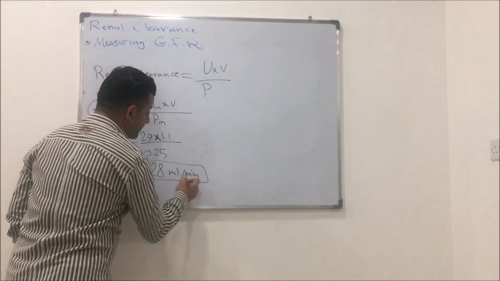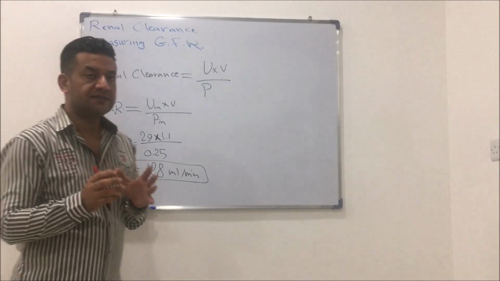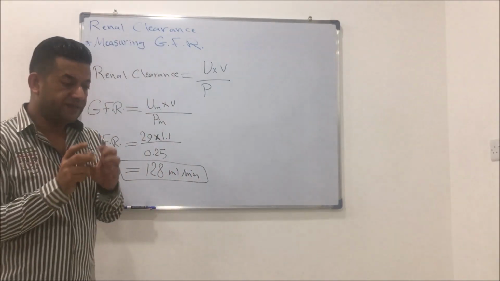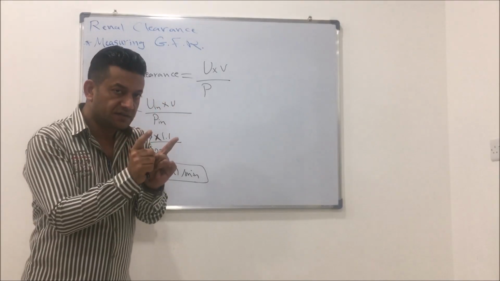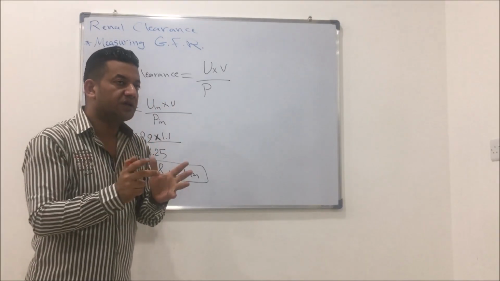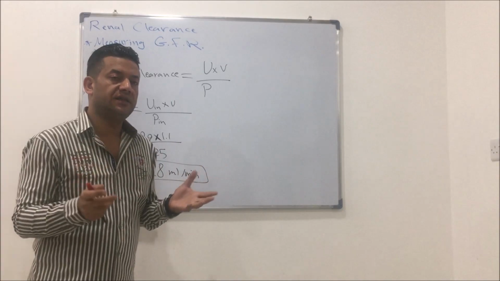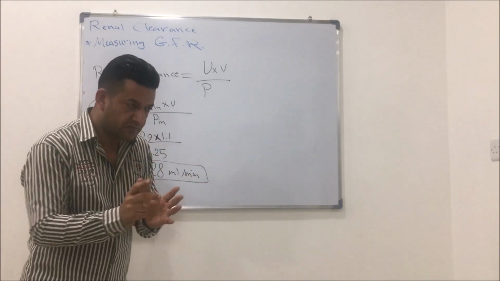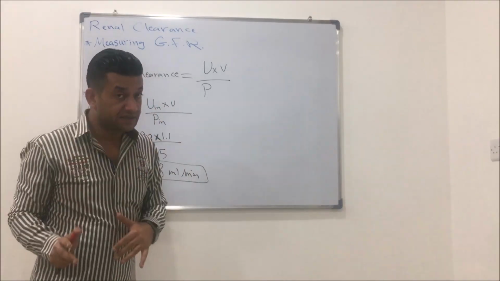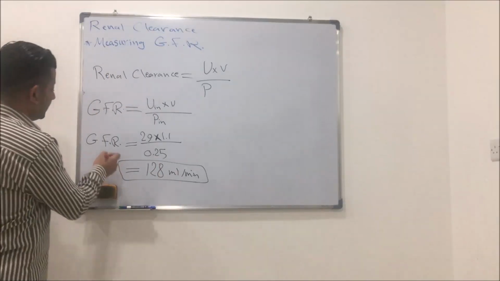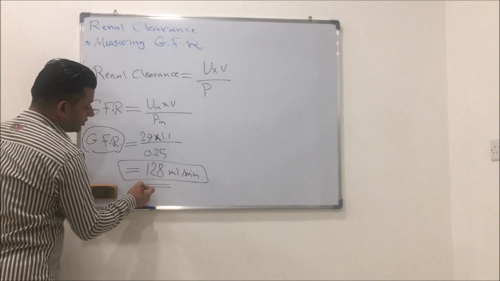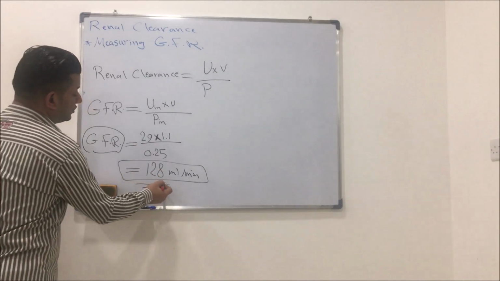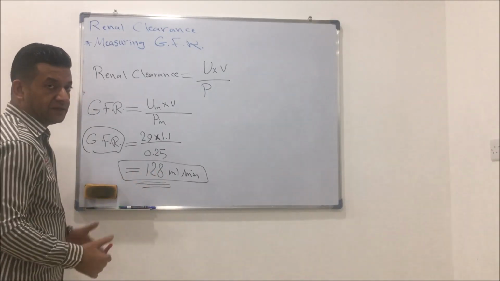So if there is any defect in the filtration process of inulin, any defect in the renal system, reabsorbed or excreted, then of course the GFR will not be normal, or it will not equal 128 ml per minute.